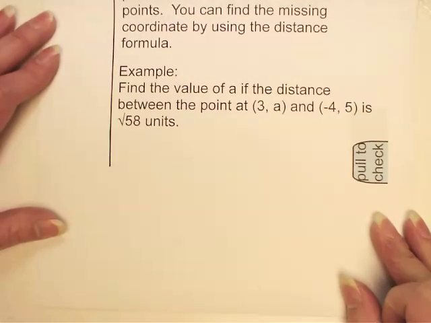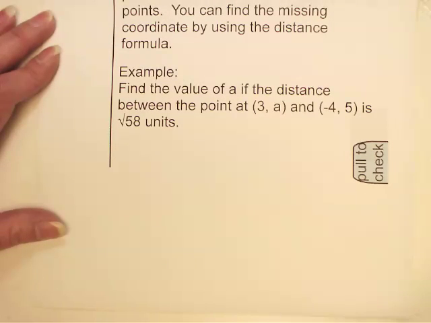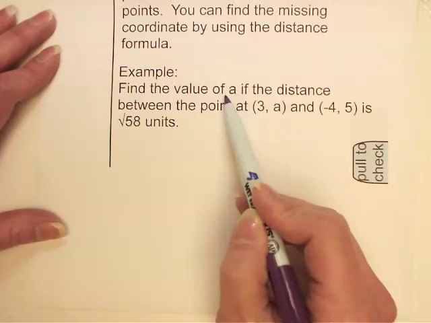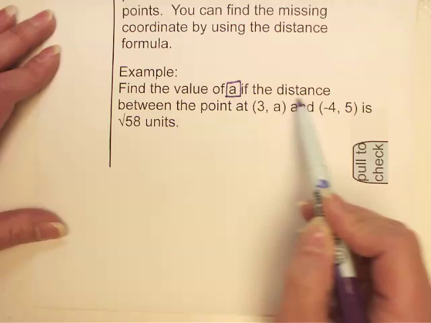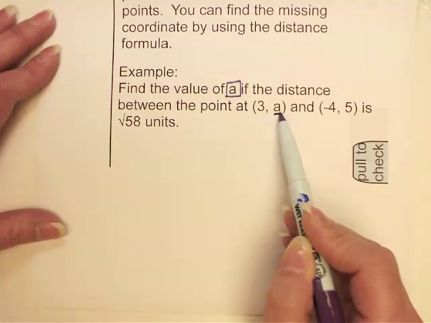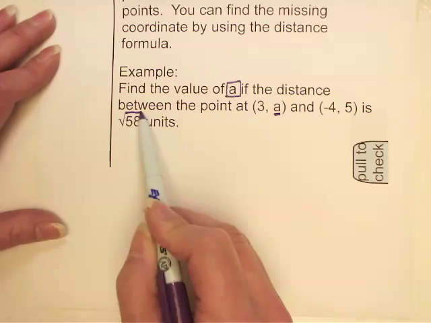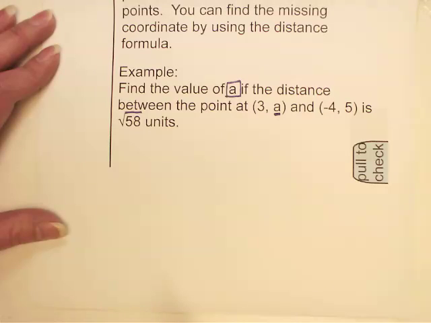So here's our example. Suppose you have this given information. I want you to find the value of A if the distance between the point at 3, A and -4, 5 is square root of 58 units. So what we're going to do is set up the distance formula again.